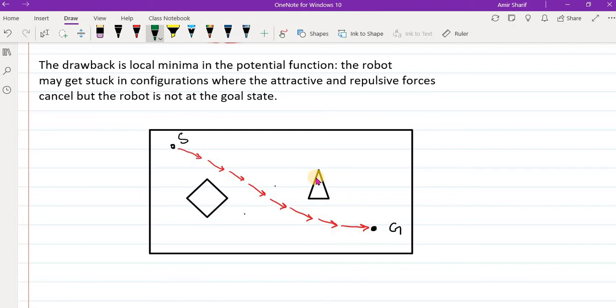So it will start moving toward the goal, and here it will experience the repulsive forces from the obstacle that will push it away a little bit. So these green forces are repulsive forces, and the red ones are the attractive forces.